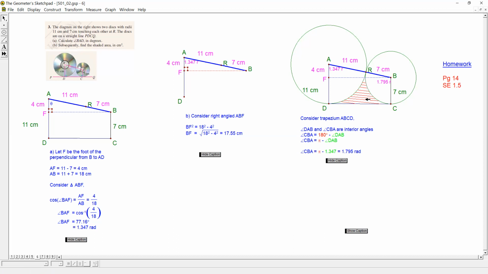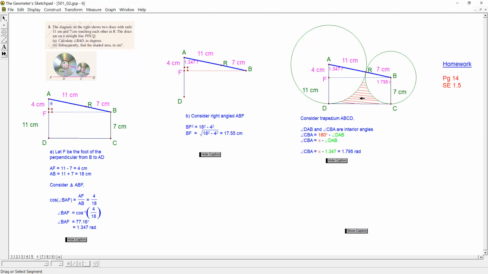To find this shaded area in red color, I have to use the area of the trapezium minus the area of these two sectors, the big sector and the small sector. Then I will get the area outside. One more time: shaded area is the area of the trapezium, the big one, minus the area of the two sectors.